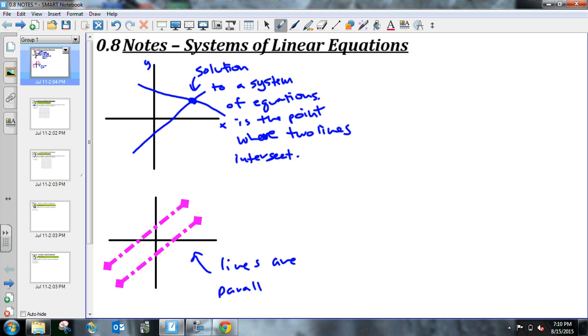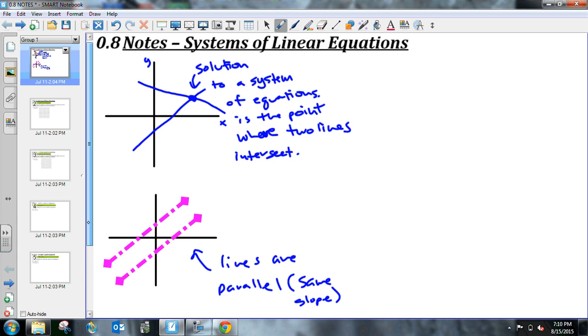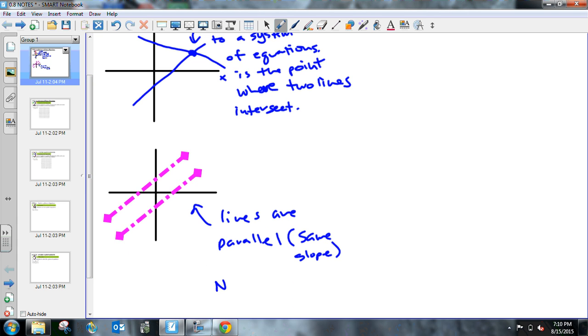And if lines are parallel, meaning they have the same slope, then these lines are not going to intersect. Okay, so therefore there is no solution here. So if lines are parallel, then there's no solution.